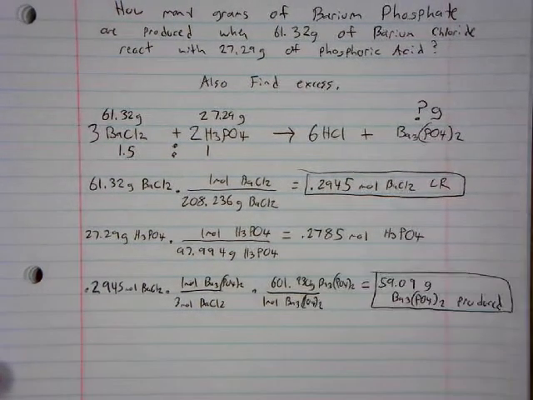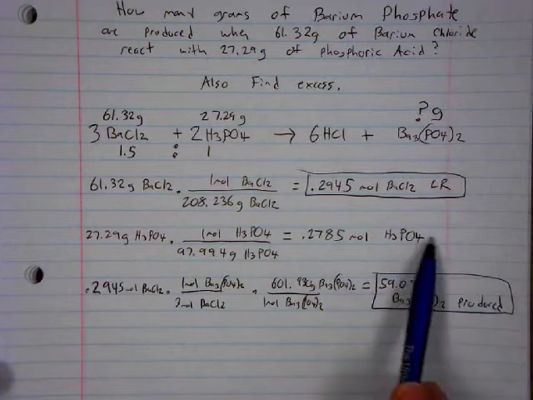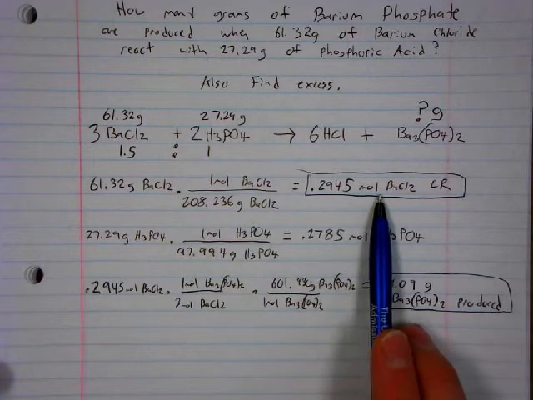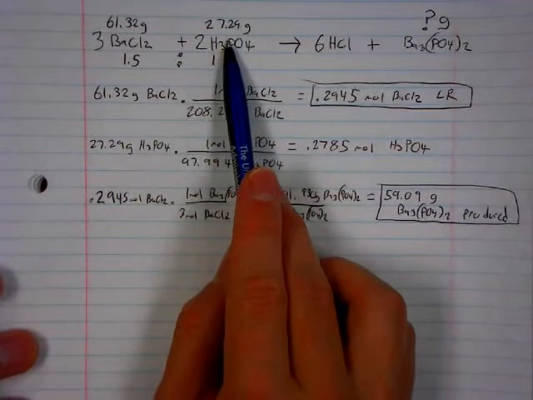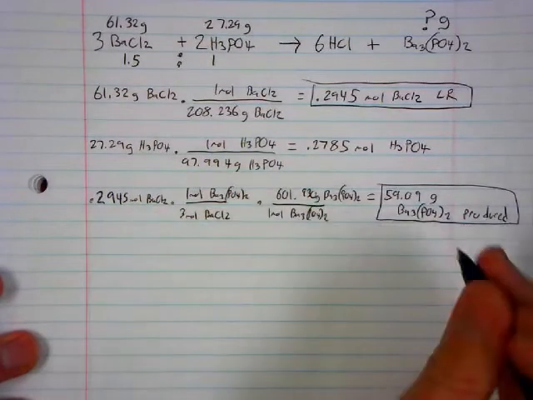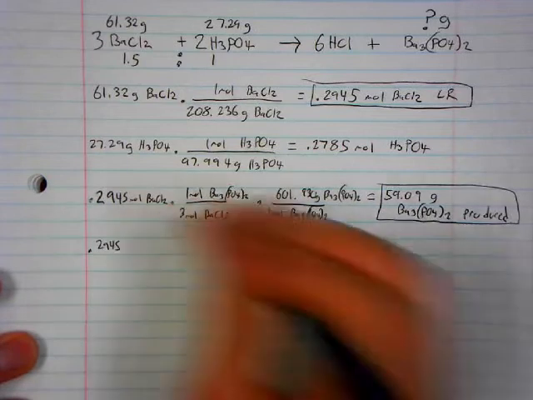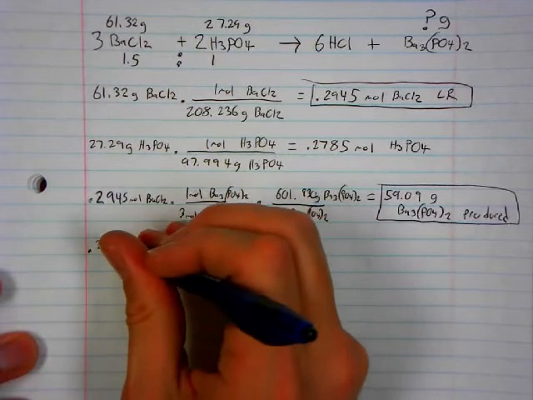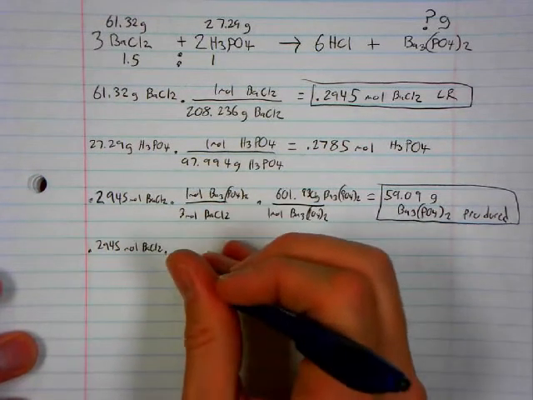Now I have to figure out my excess. In order to figure out excess, I run my limiting reactant, BaCl2, to grams of H3PO4. So I'm going to start out with my 0.2945 again. So 0.2945 moles of BaCl2, stoich step.